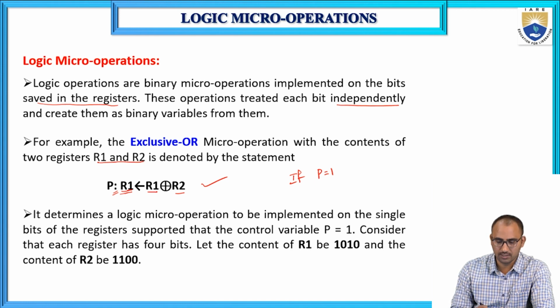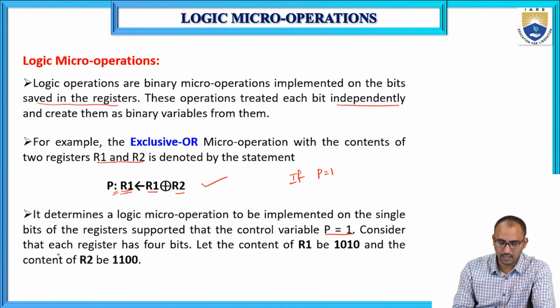That is the meaning of this expression. It determines the logic micro operation to be implemented on the individual bits of the register, provided that the control variable P is equal to 1. Only if the condition is met will the exclusive OR operation be performed.